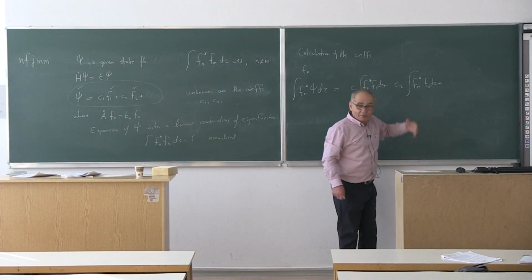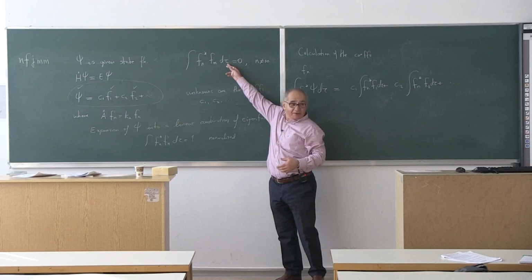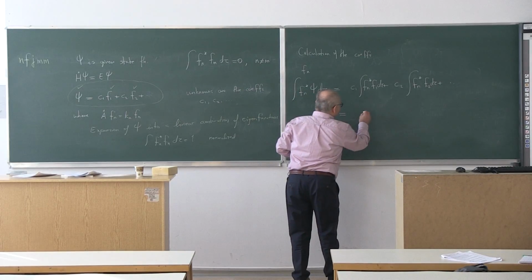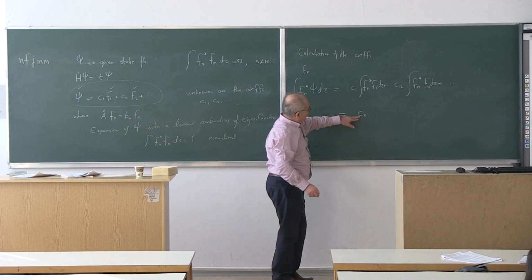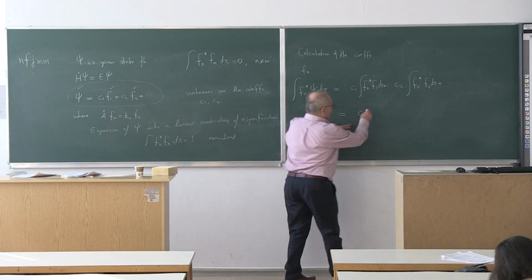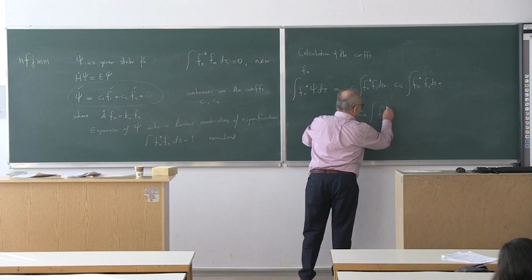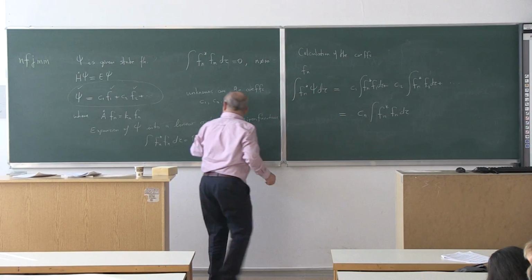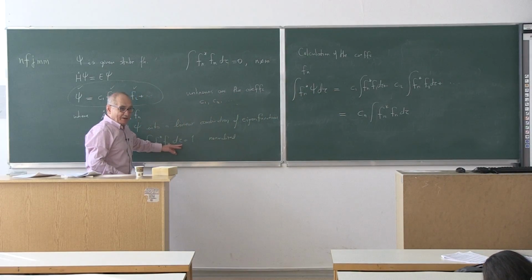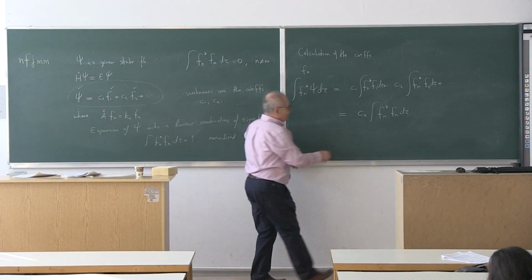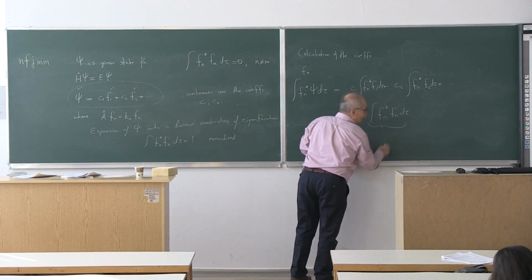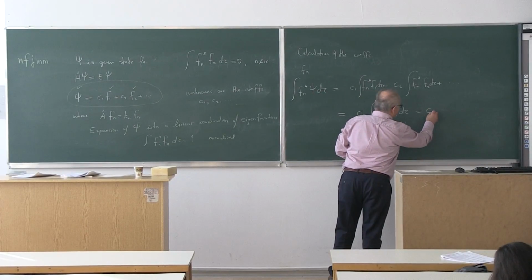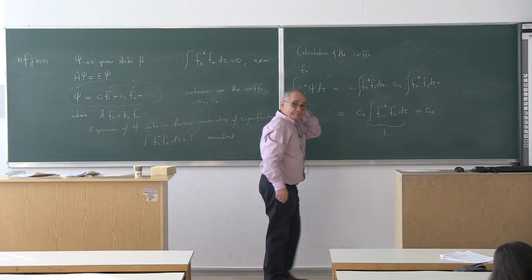All the others are going to be 0 because of this orthogonality property. So only one term, and it will contain the coefficient Cn. But we are saying that these functions are normalized. Therefore, the value of this integral is 1, which means we will obtain the nth coefficient.